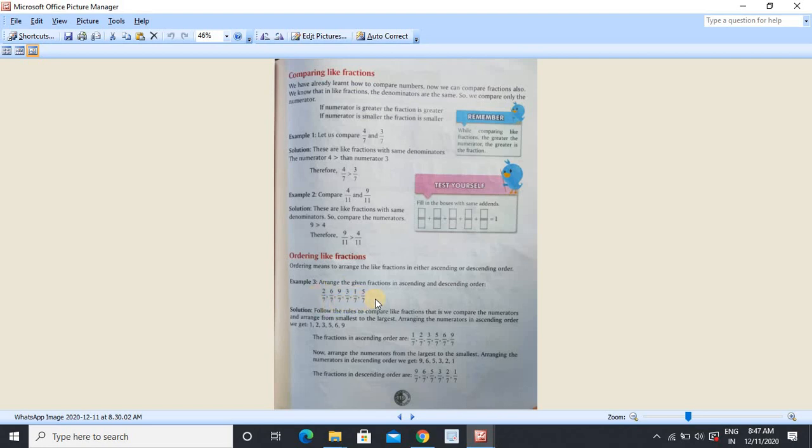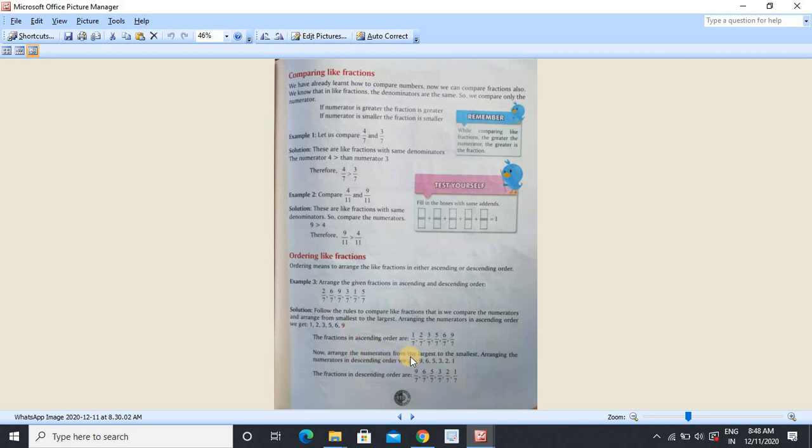So first we will arrange the numerators from ascending to descending: 1, 2, 3, 5, 6 and 9. The fractions in ascending order are 1 by 7, 2 by 7, 3 by 7, 5 by 7, 6 by 7 and 9 by 7. So these fractions are arranged in ascending order by looking at the numerators.